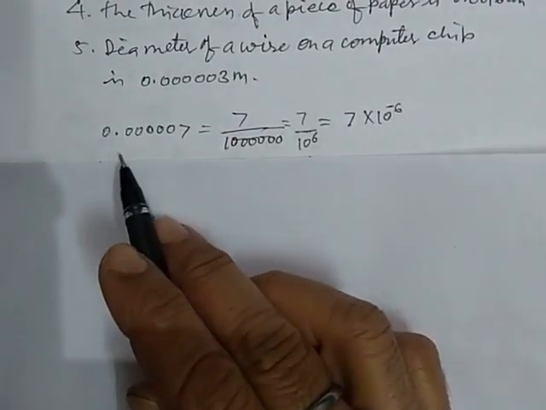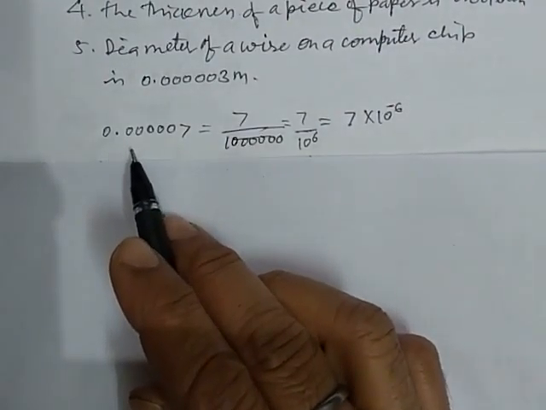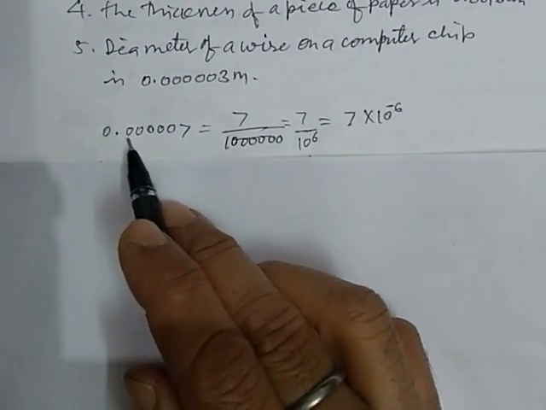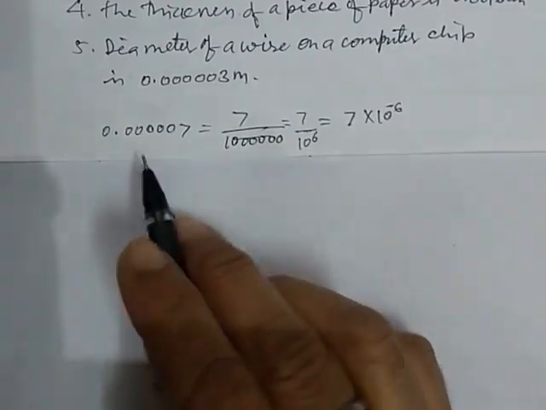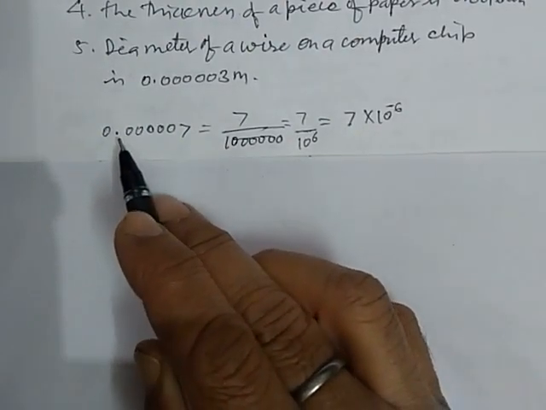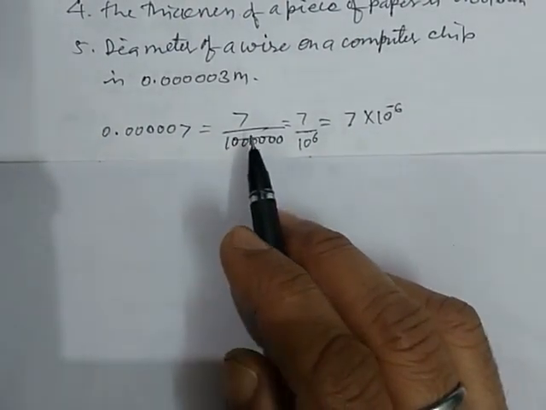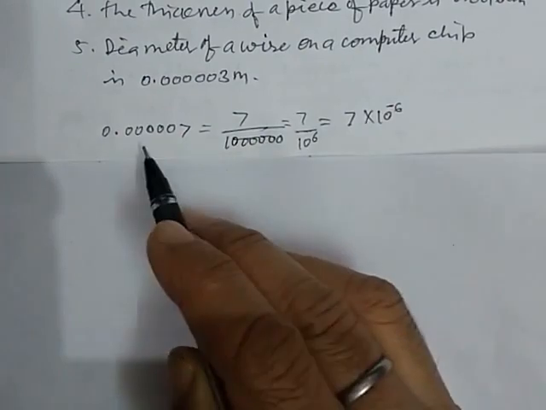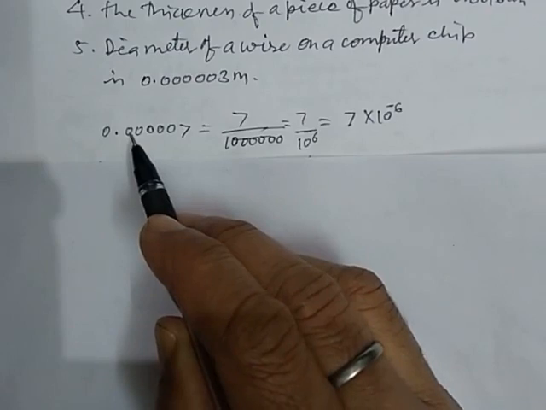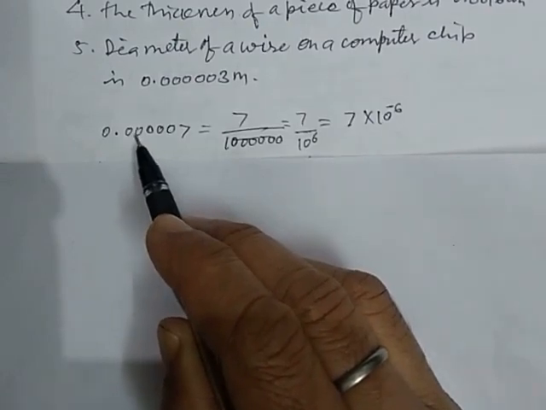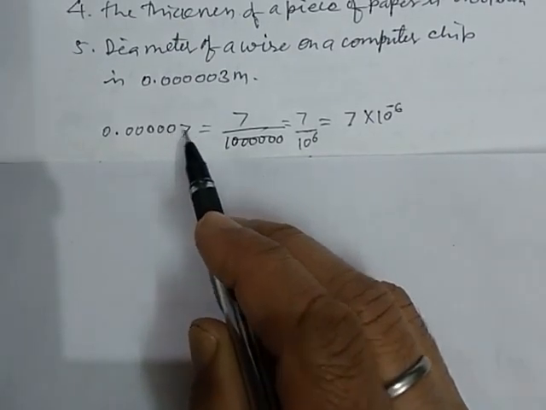Here we take a measurement, the value is 0.000007. Now first we convert this decimal number into a normal number. So first we remove the decimal. We count digits 1, 2, 3, 4, 5, 6.